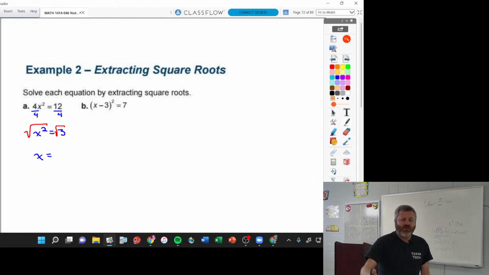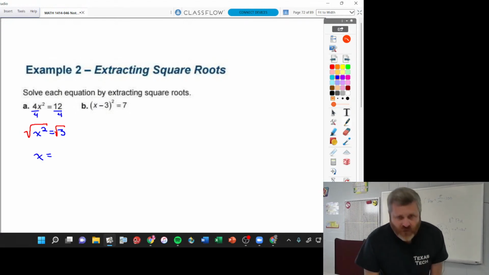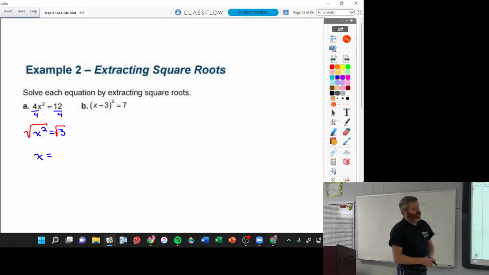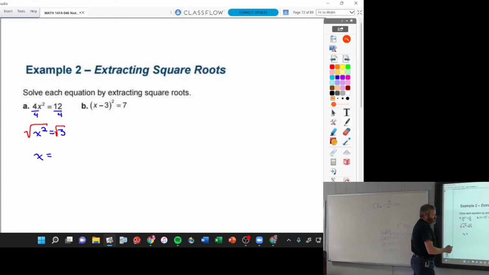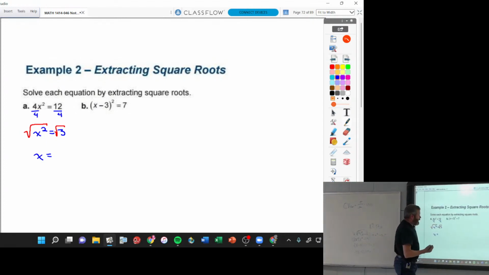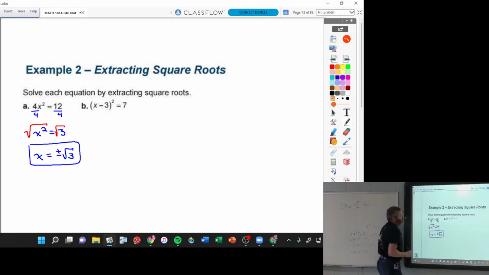Okay? But also, negative 1.7 something times negative 1.7 something is going to get you that same answer. So when you're solving quadratics, we will go ahead and put in that plus or minus. So since 3 is not a perfect square and I can't simplify this, I will write my answer as plus or minus the square root of 3. And that is going to be the value for x.